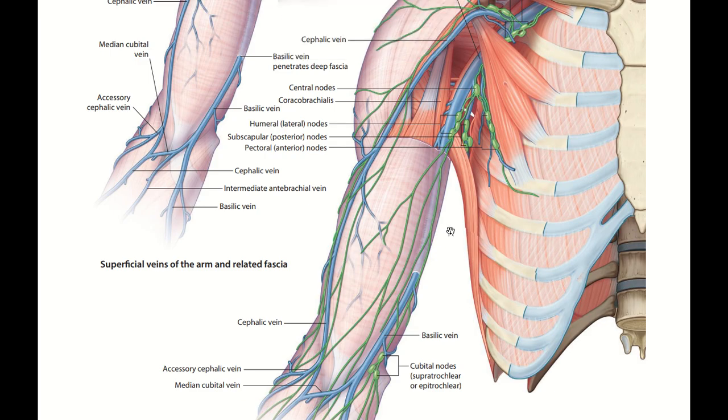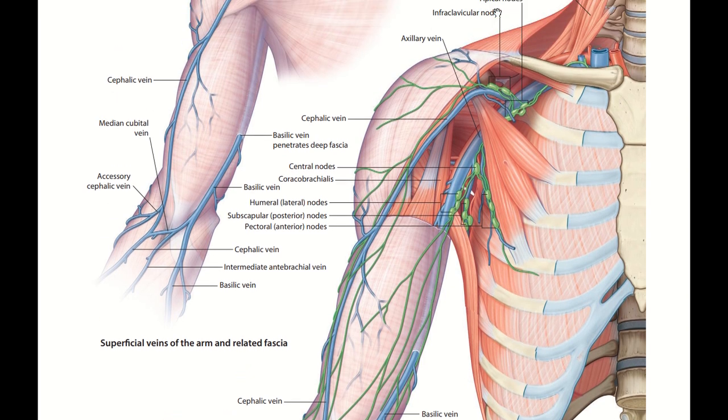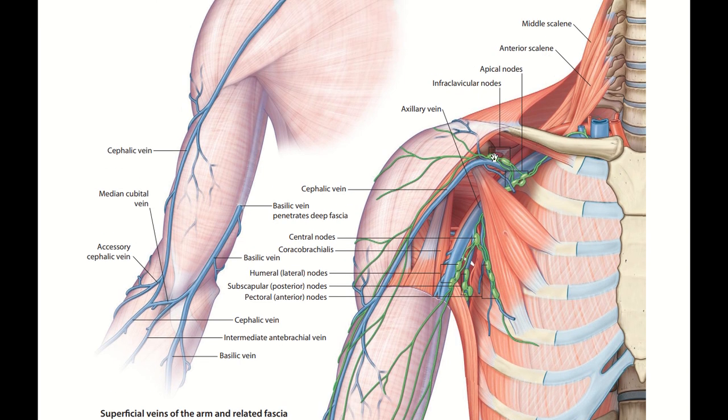Here you can clearly appreciate your axillary lymph nodes. Lymph from the lateral portion of your arm drains into the infraclavicular nodes because it travels with the cephalic vein, and they end up draining into the apical lymph nodes.